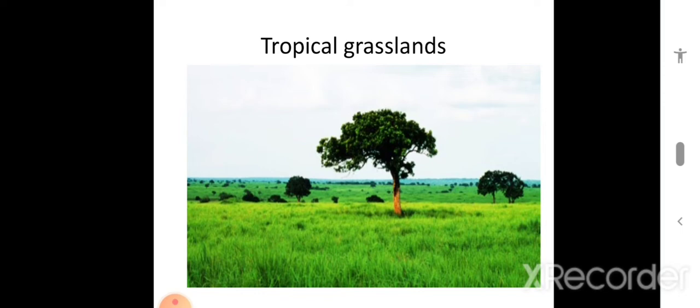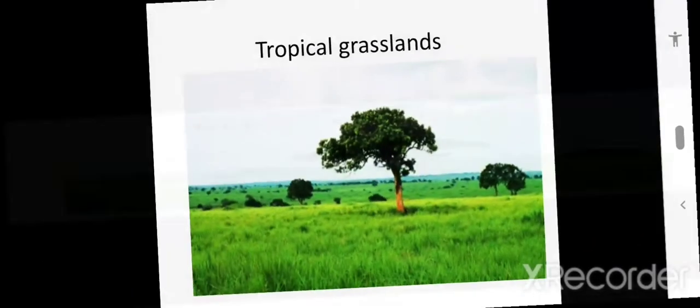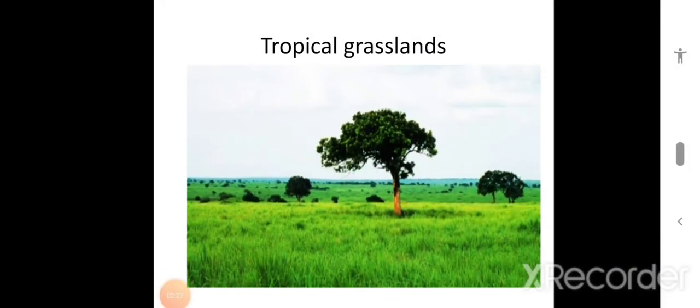The tall grass enables the animals to camouflage themselves. Camouflage means these animals' color and shape match their surroundings. It's related to their surroundings. That is called camouflage. It is easy to move through grasslands as there is abundant open space with a few trees scattered here and there.